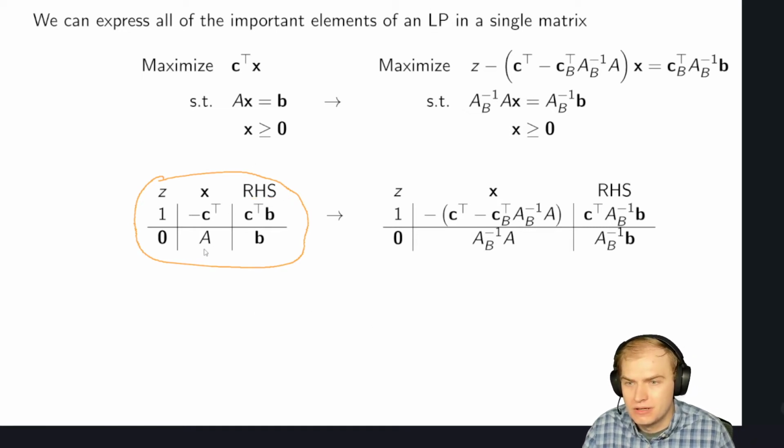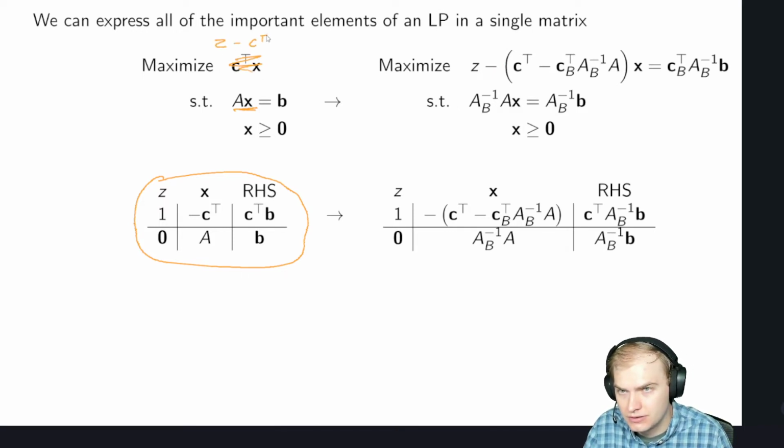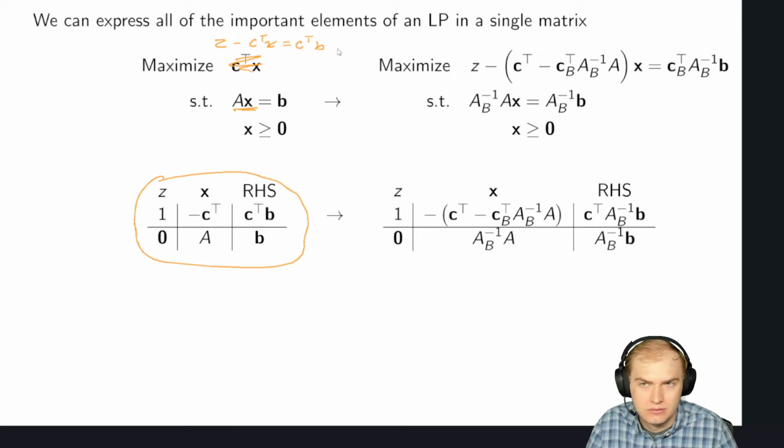So you can see we've taken A and B, A being a matrix, and this 0 being the 0 vector, and this being the vector B, and negative C transpose here, because we have Z minus C transpose X equals C transpose B, which is our objective in our new Z format.